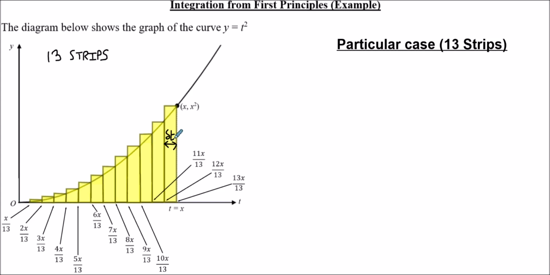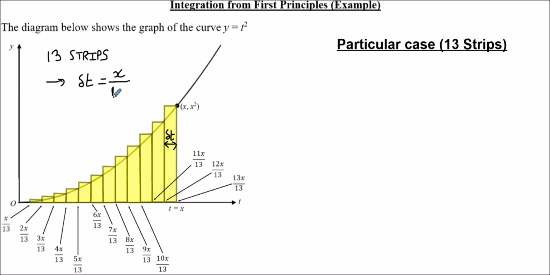So imagine the width of each one is delta t. Well, from 0 to x, that's a total width of x, and that's been divided between the 13 strips. And so each width, delta t, is this distance from 0 to x here, which is x, divided by the number of strips I'm using, which is 13.